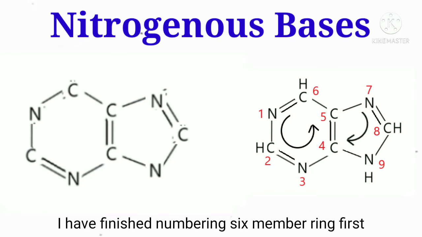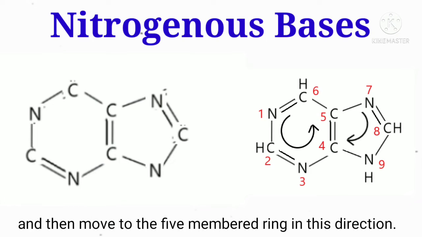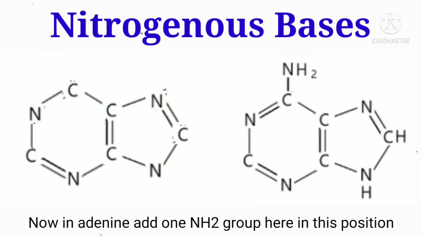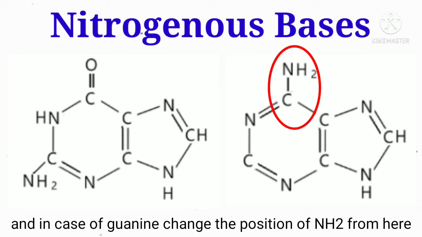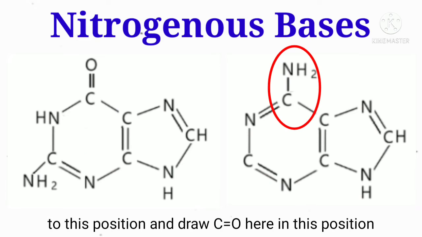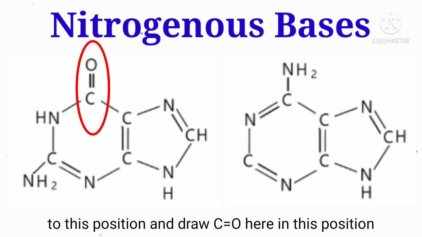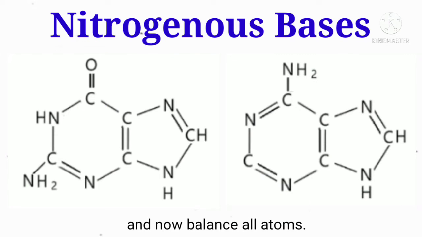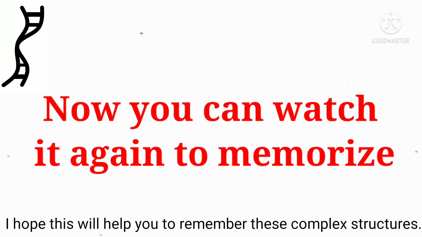I have finished numbering the 6-member ring first and then move to the 5-member ring in this direction. Now in adenine, add one amino group in this position. In the case of guanine, change the position of the amino group from here to this position and draw one keto group here, and now balance all atoms. I hope this will help you to remember these complex structures.